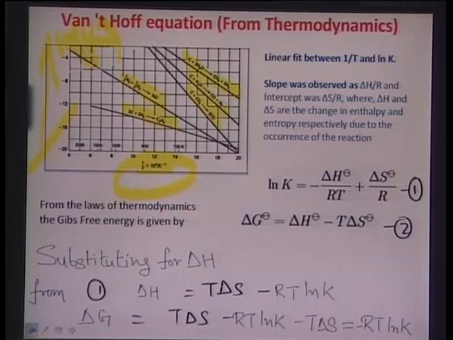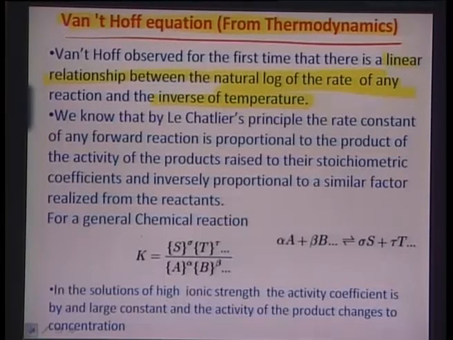Okay. So, what is really the equilibrium constant? This comes from another illustration called the Le Chatelier's principle. The rate constant of any equilibrium process, of really any forward reaction, is proportional to the product of the activity of the products created by a reaction raised to the power of their stoichiometric coefficients.